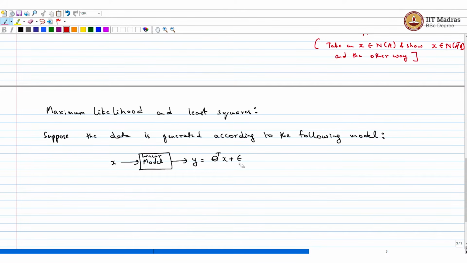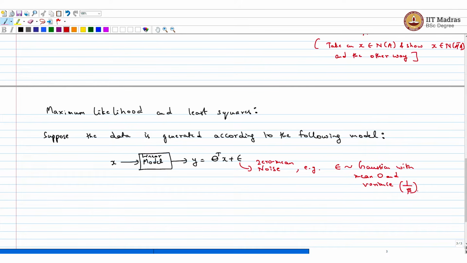Here epsilon is zero mean noise. Example, epsilon is normal or Gaussian, let us say Gaussian, with mean 0 and variance, let us say, 1 by beta.